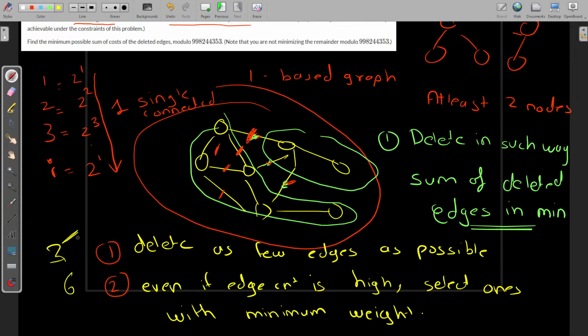This is intuitive at first glance, but I will show you a proof or a test case that this will fail, and I will also show you the reason why. So these are the two ideas which we will work upon. First, let's go through this approach: why deleting as few edges as possible might not always be the best option. And then we will come back to the case where the edge count is high, but we are deleting more edges and the combined sum of all of those would be minimum.